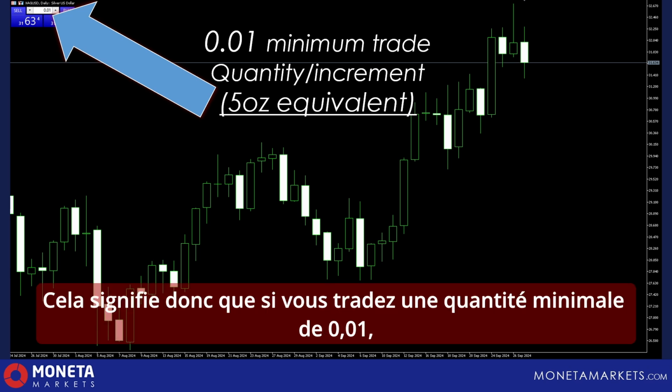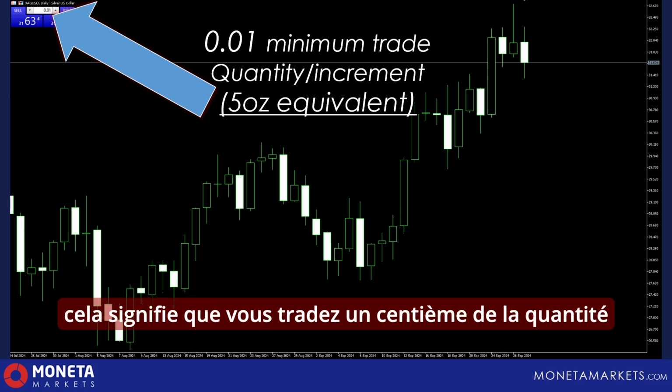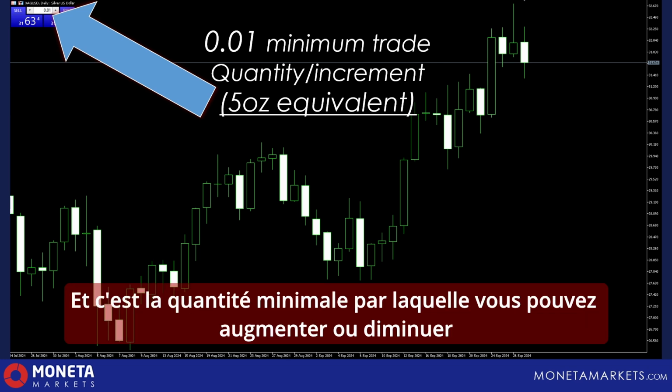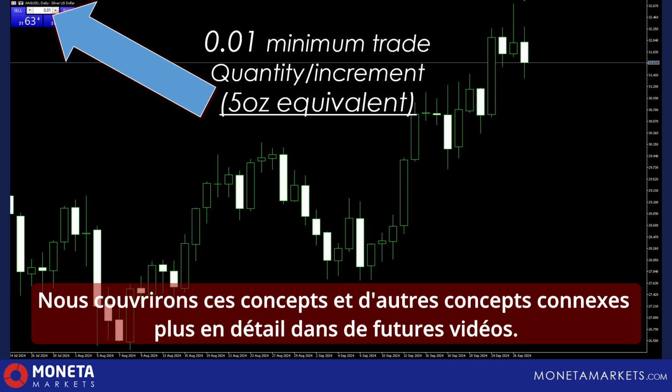And so that means if you were to trade a minimum quantity, 0.01, you're trading 1/100th of the standard quantity of 5,000. So that means 0.01 equals 5 ounces. And that is the minimum amount by which you can increase or decrease your order size. We'll cover these and related concepts in more depth in future videos.